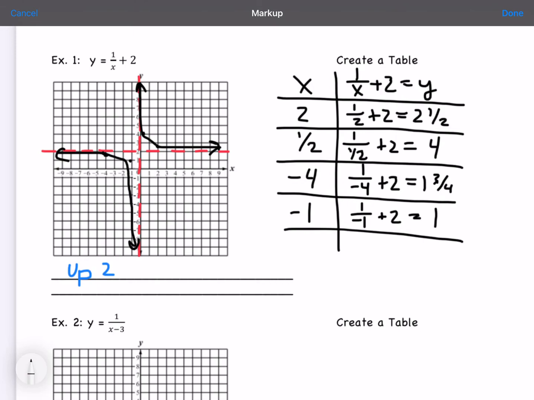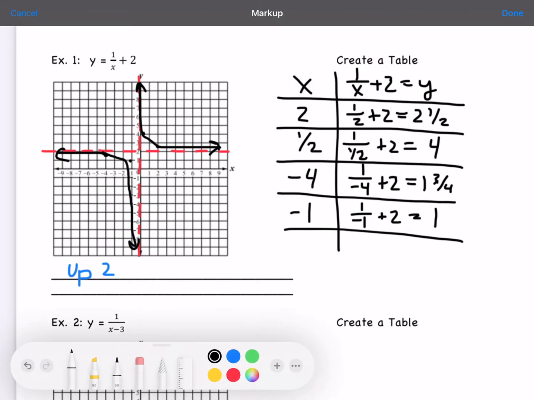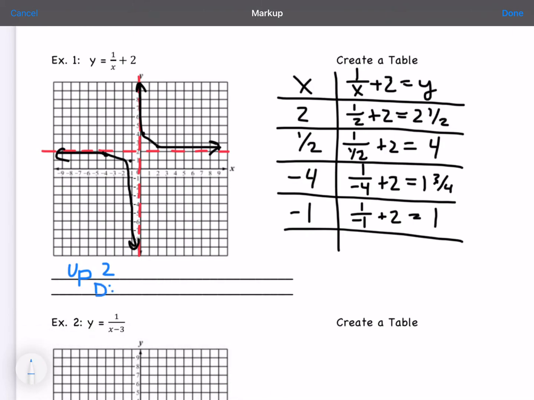So Olivia, what would be our domain? So flip it over and look at what we say about domain. We can just make it simple though. So what's the x value we can't pick?